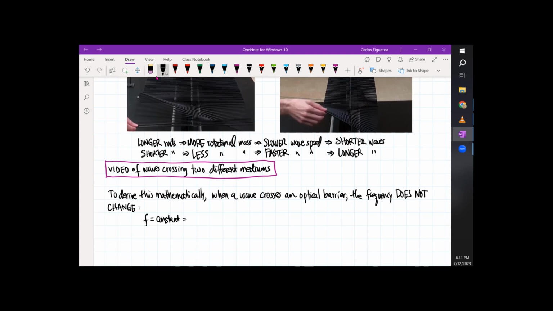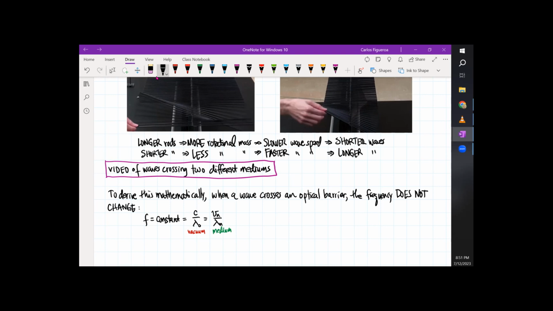and then what I'm going to do here is I'm going to write down two values. What you're seeing here is that this value is for the vacuum, where the speed of light is c, and it has a wavelength of lambda naught. And in this situation, we have a medium whose apparent speed is smaller than the speed of light in vacuum, and its wavelength.